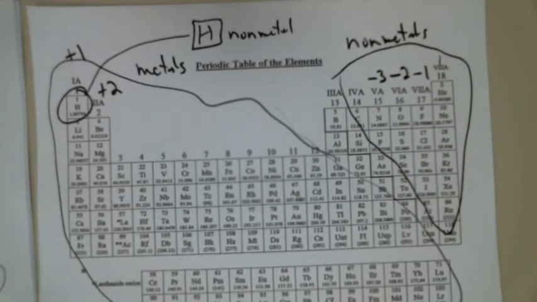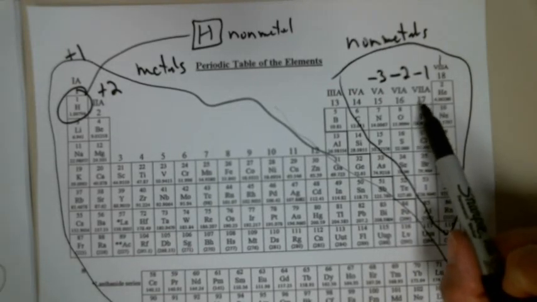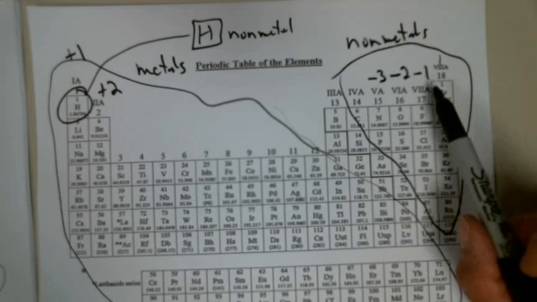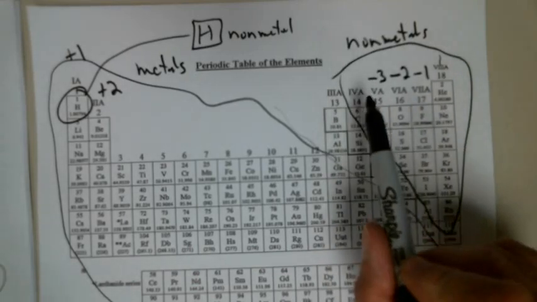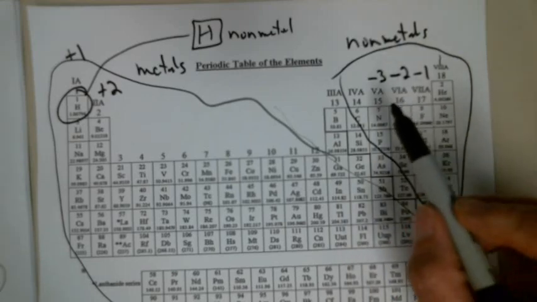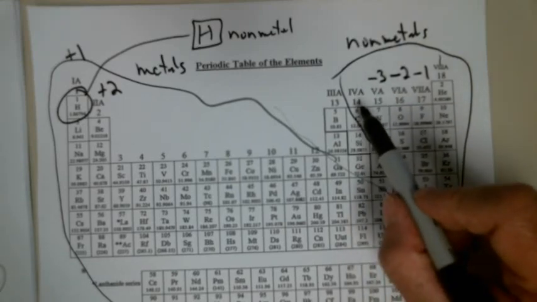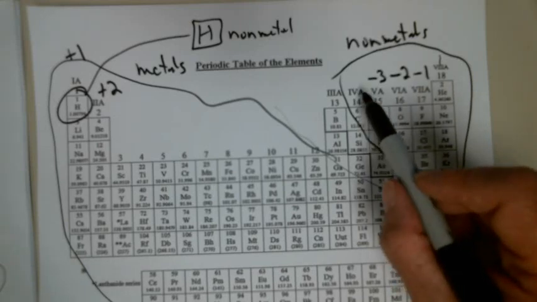And then group 3 and group 4 are kind of problematic. Your book, a lot of books say, well, you're taking the group number and subtracting 8 or whatever. I don't know. That doesn't really work for me because group 4, these don't form ionic compounds, carbon. That doesn't really work.